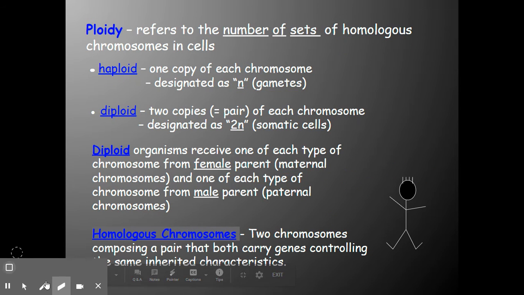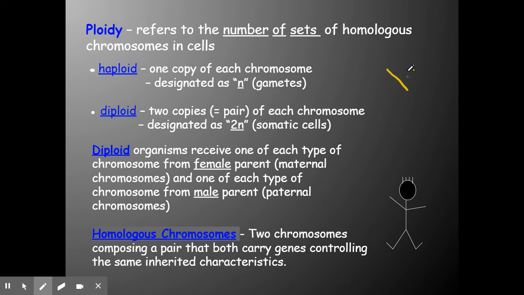Let's get rid of some of this writing here so we can concentrate. Homologous chromosomes refers to this. So we know that we have this X looking thing as our chromosome, right? Homologous chromosomes refers to this, when we have two chromosomes together that are the same. Okay?